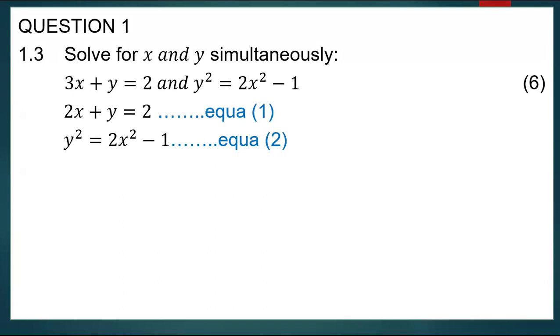When you take equation 1 and you solve for y, I mean that you're making y the subject of the formula. That means you need to transpose x. So the whole 3x must go to the right-hand side.